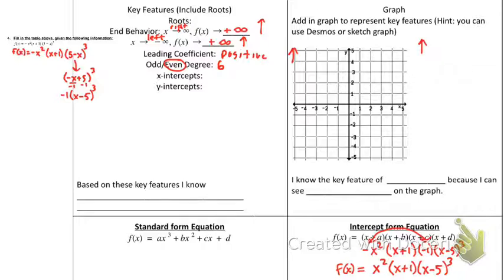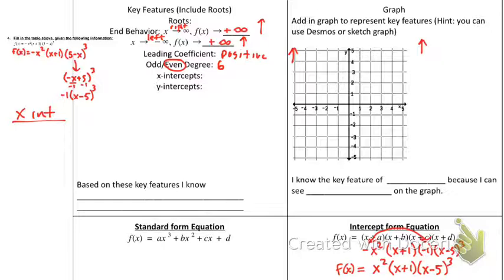Okay. We also can find the x-intercepts. Using our intercept form, we can split these up and set equal to 0. So let's do that. So here is the work to find our x-intercepts.